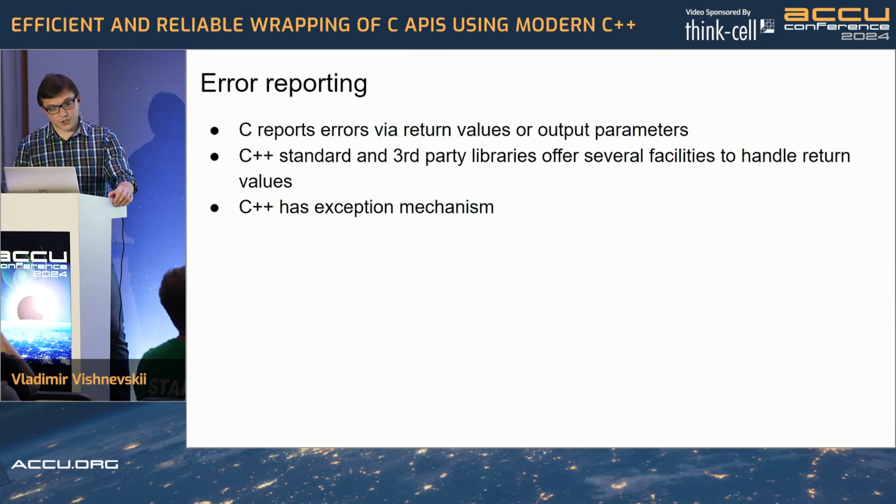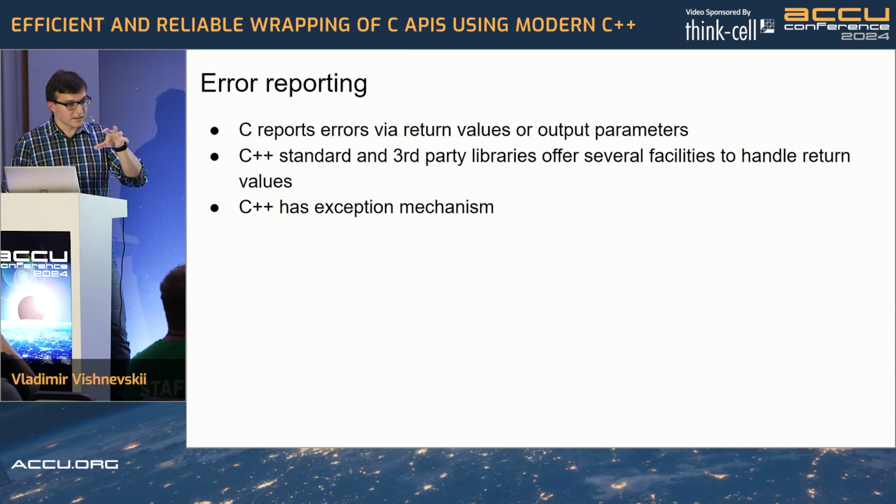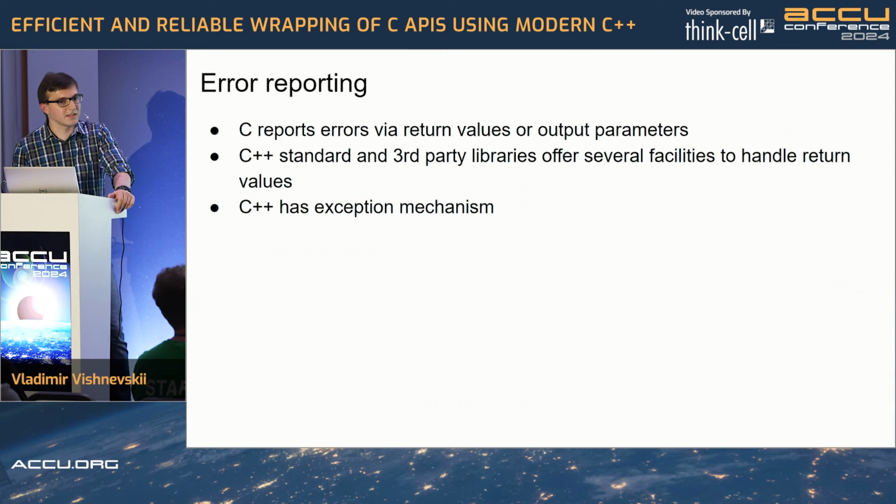Another thing that we should consider is the way we are passing and propagating those errors from the C API to the client code. In C++ we have several ways, compared to C, where we typically use return codes or output parameters.